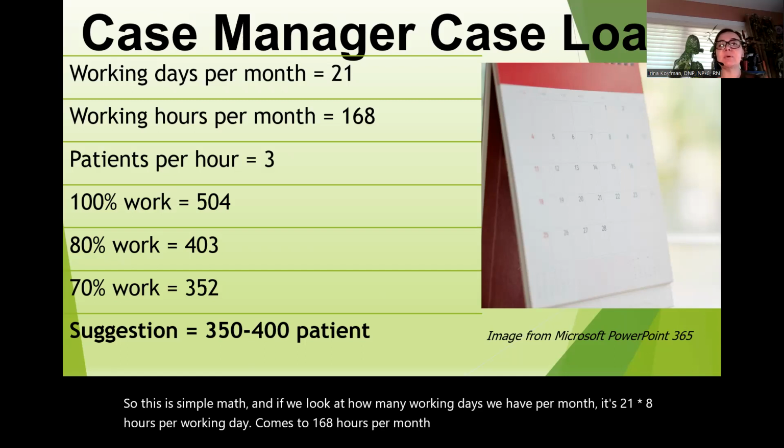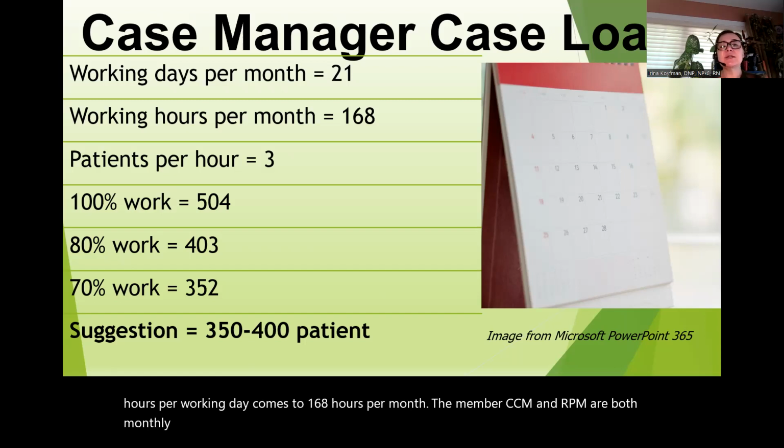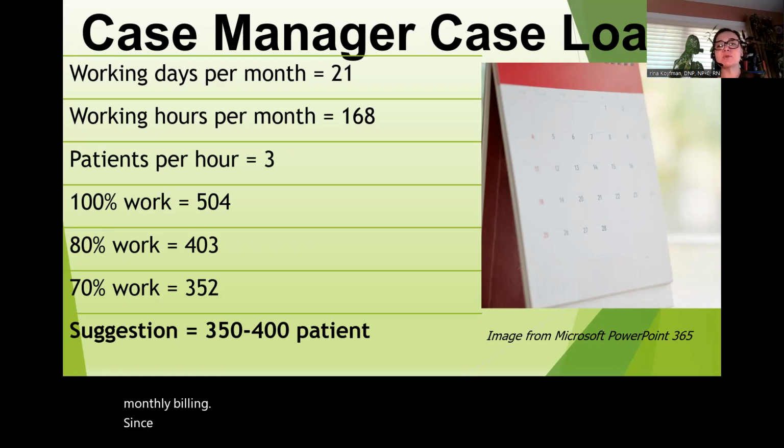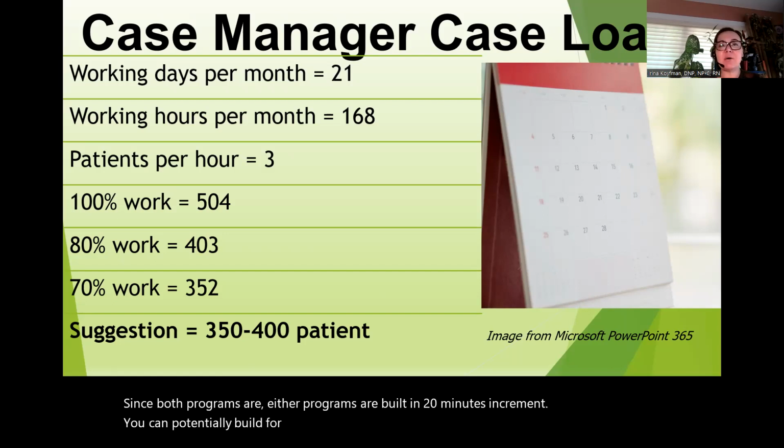Remember, CCM and RPM are both monthly billing. Since both programs, or either program, are billed in 20 minute increments, you can potentially bill for 3 patients per hour. So each case manager can have 3 patients in any particular hour.